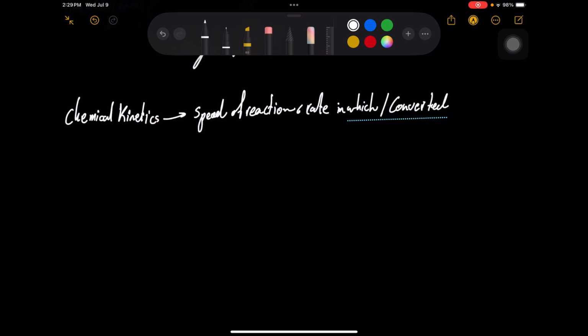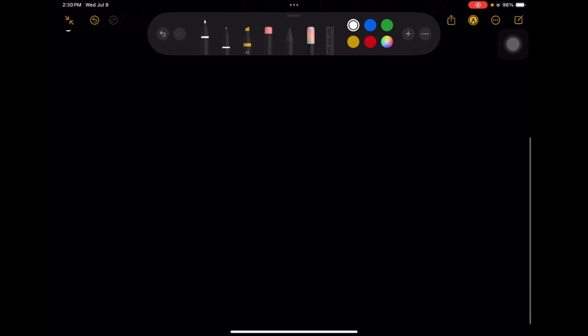So let's talk about the average rate of reaction. What is it? The average rate is defined as the change in concentration of either reactants or products over time. To give you a bit of visualization, let us consider the hypothetical reaction A to B. For example, we have time, A concentration, and B concentration.